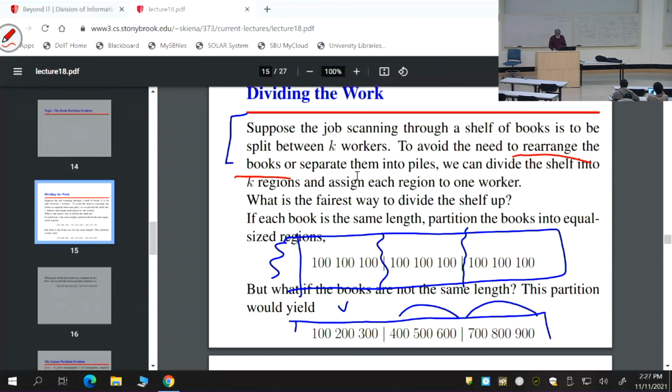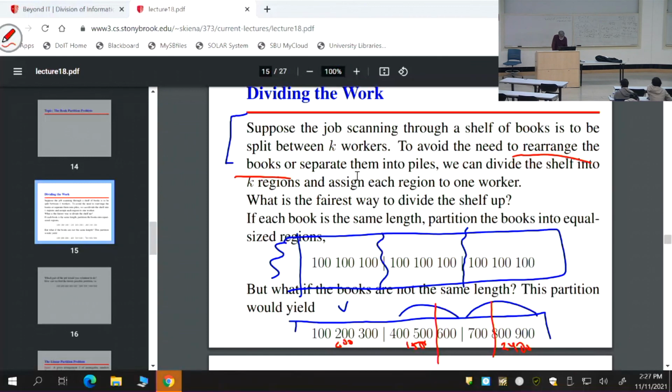You're going to put the first divider here, and the next divider where? So what happens? In the original way, this guy had 600, this guy would have had 1,500, and this guy would have 2,400.